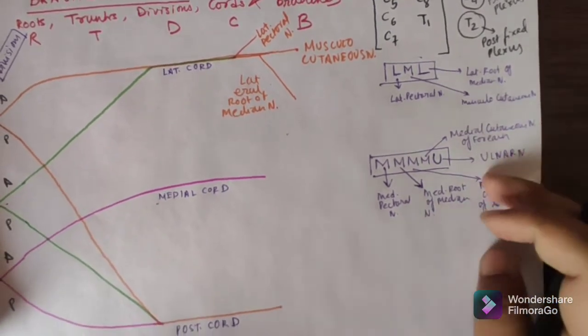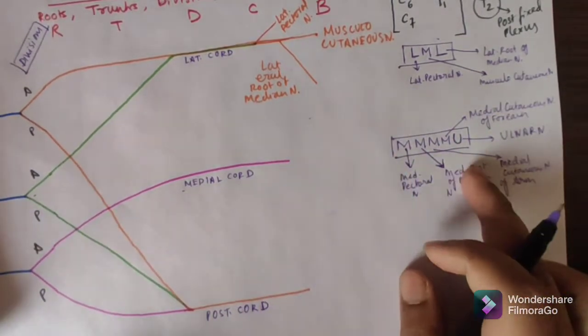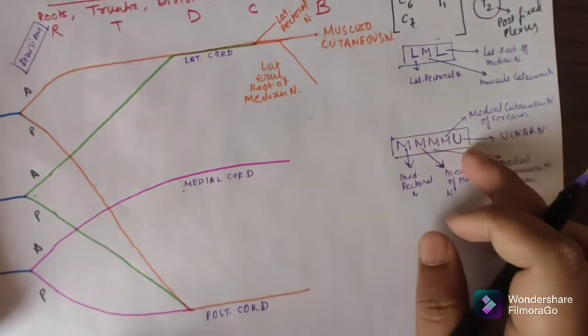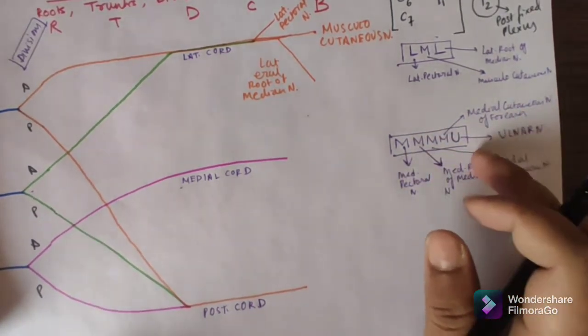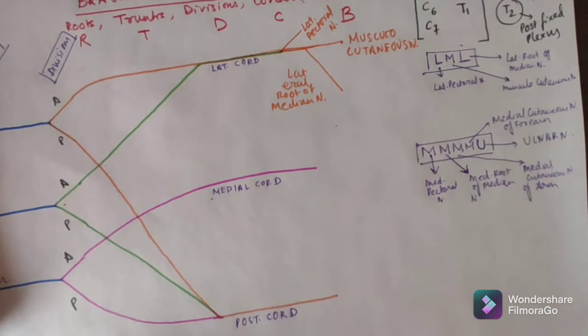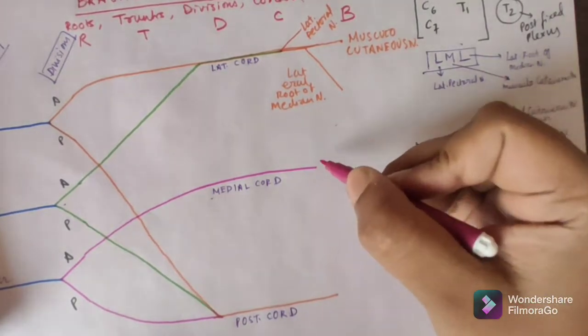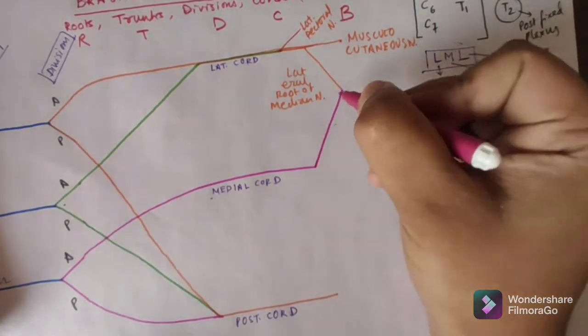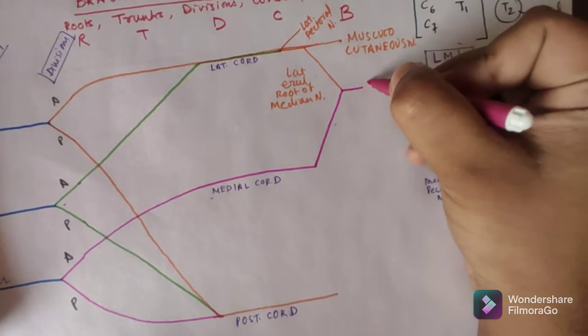I hope this is visible. So to learn about the branches of the medial cord, you must remember this mnemonic, 4M and 1U. Okay. Now let's draw the branches. See, first we'll form the branch which will lead to the formation of the median nerve.